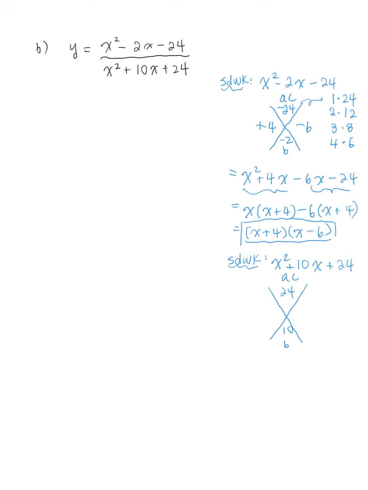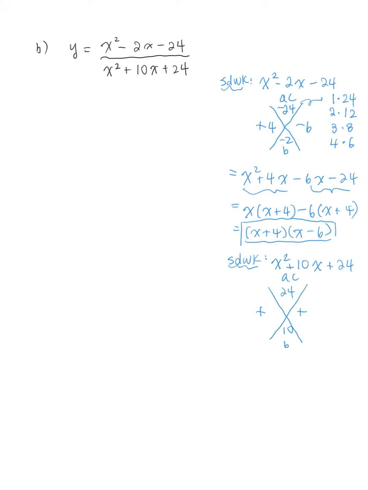The signs are going to be either negative, negative, or positive, positive, because negative times negative gives us positive, and positive times positive gives us positive. But when we add them together, it has to add up to positive 10. If I have negative, negative, is that going to add up to a positive value? No. So that means our signs have to be both positive.